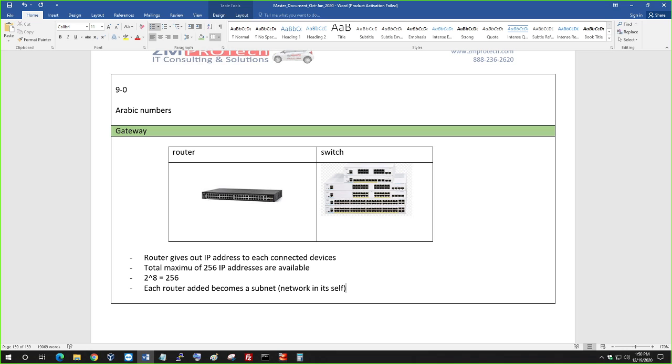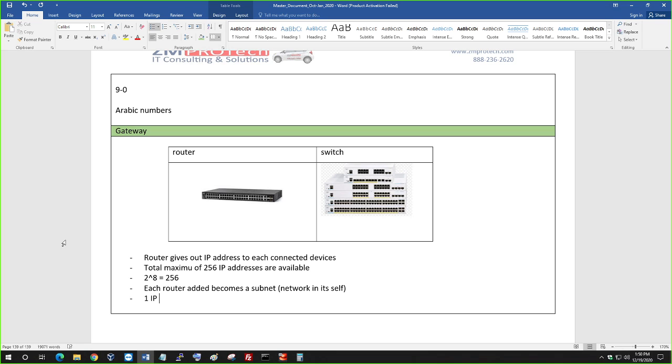And in there, one IP is reserved for the router itself. So the one IP is reserved for the router itself, okay?